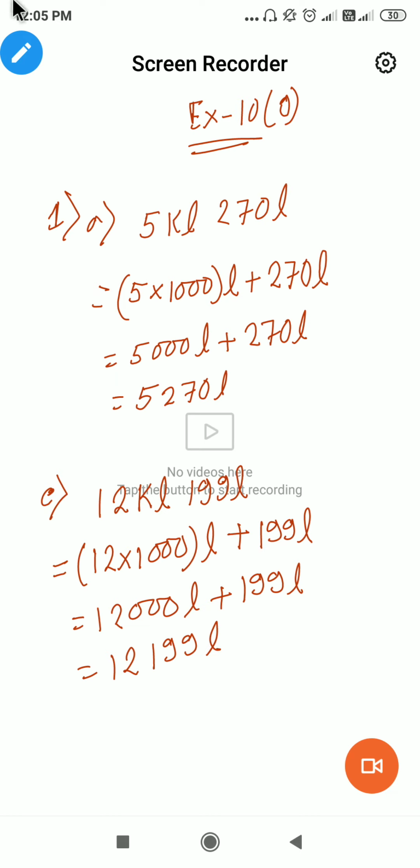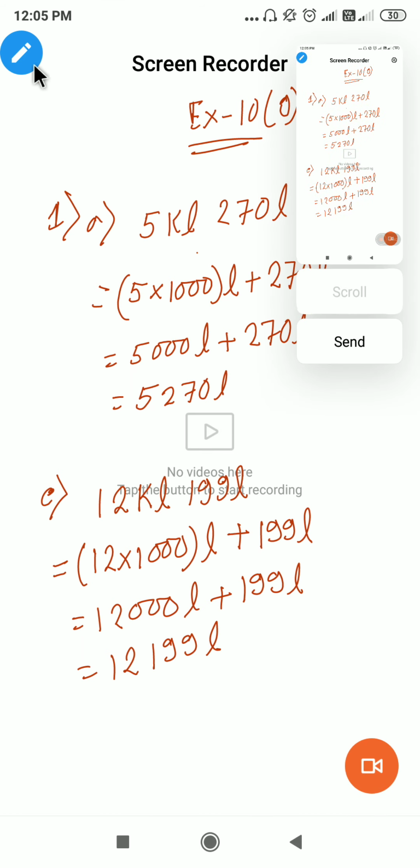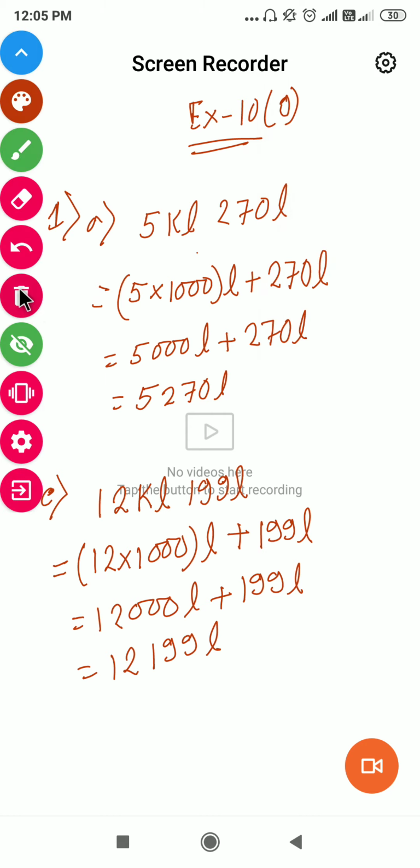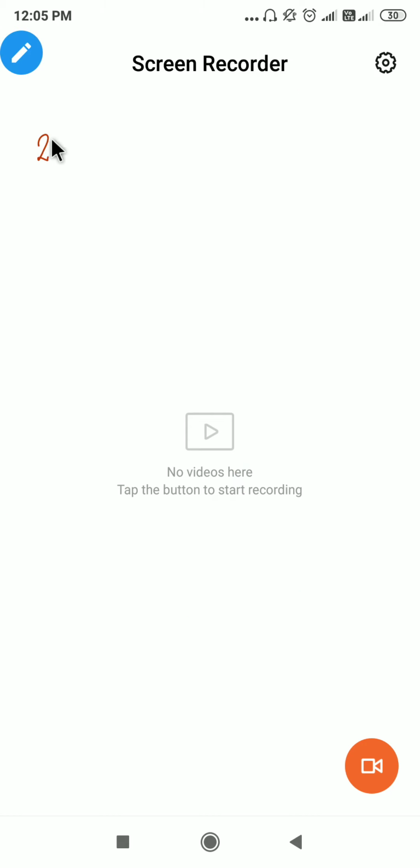Now go to question number 2. In question number 2, some liters are given, and we have to convert them to kiloliter and liter. So look at question number B, the second one.